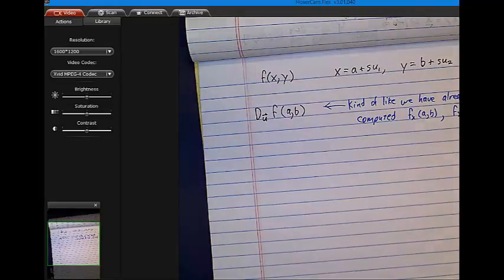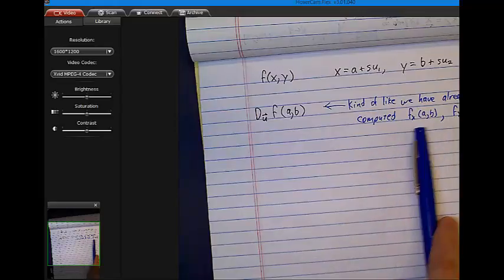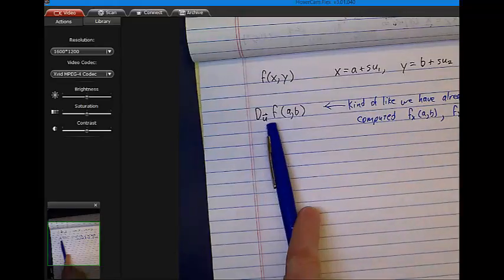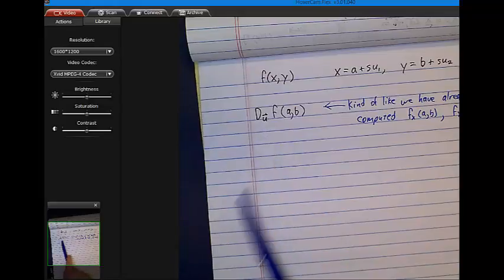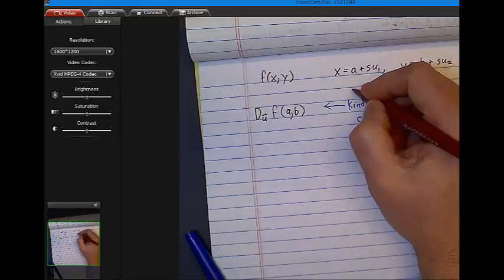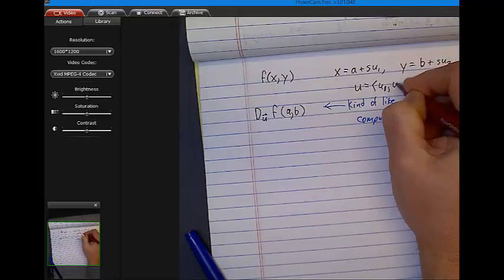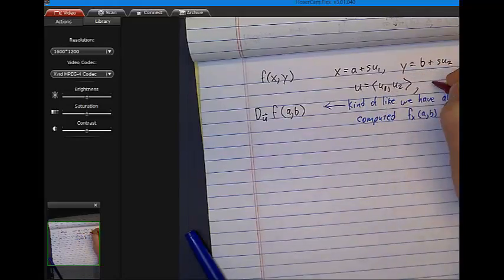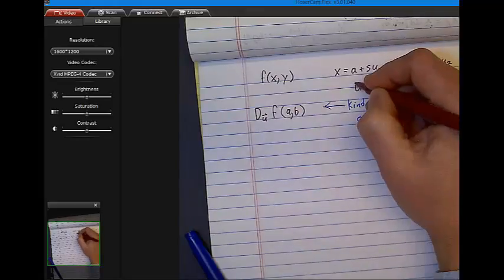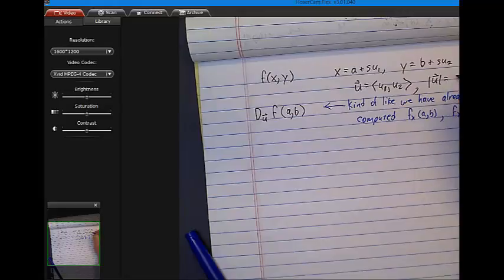So we've already computed partial derivatives. Now we have this new kind of derivative. We want to go in the direction of u, and u is a unit vector, which we're saying is u1, u2. And I'll say that the length of u is equal to 1. That's what we're saying.